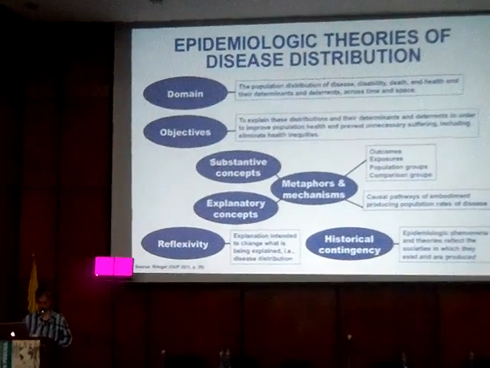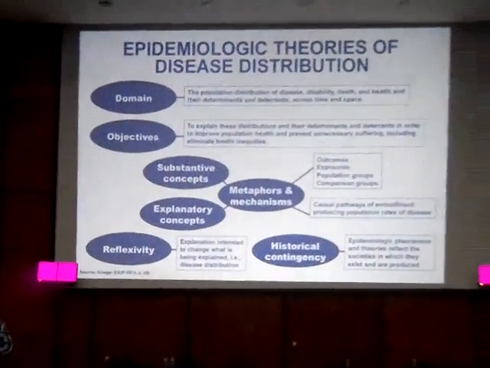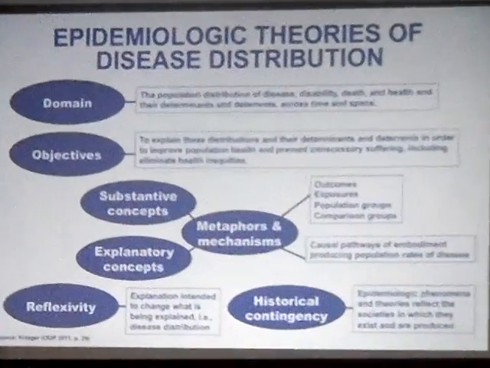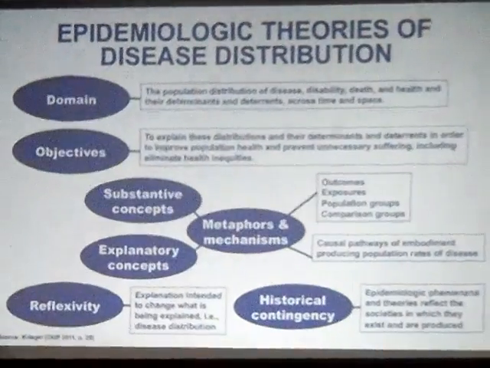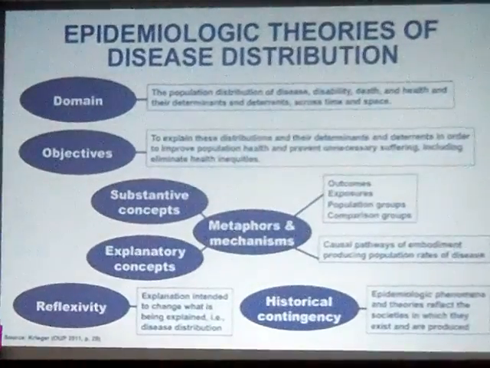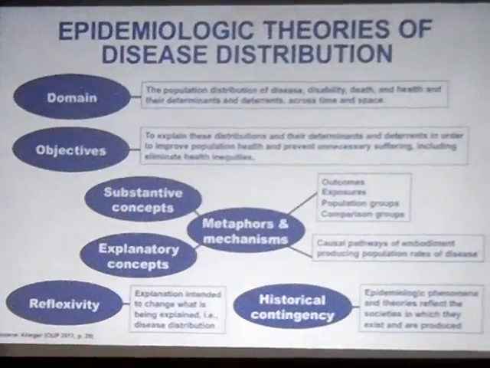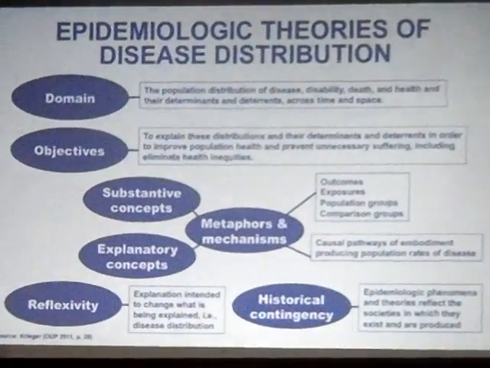In keeping with this view of theory, epidemiologic theory, like any scientific theory, has a core set of defining features. These pertain to the domain the theory seeks to explain, which for epidemiology is population distributions of disease, disability, death, and health, and their determinants and deterrents across time and space.